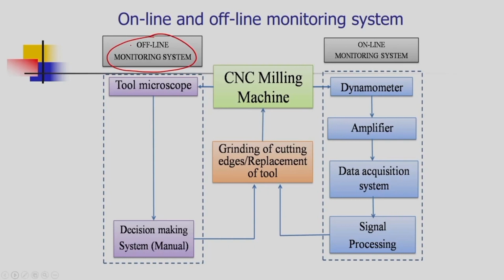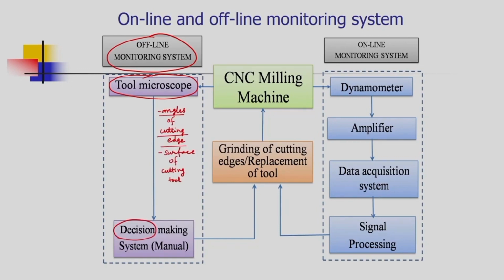First is the offline monitoring system. In the offline monitoring system, the cutting tools are taken out from the spindle, and then these cutting tools are observed under the tool microscope. So, special purpose microscopes are available. These microscopes are used to measure various angles of the cutting tool.